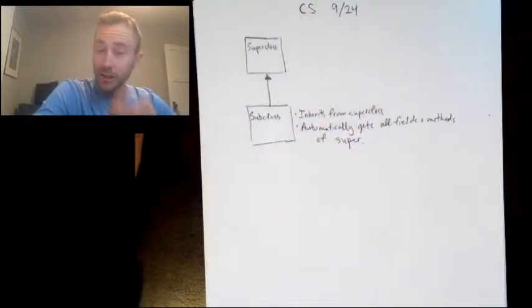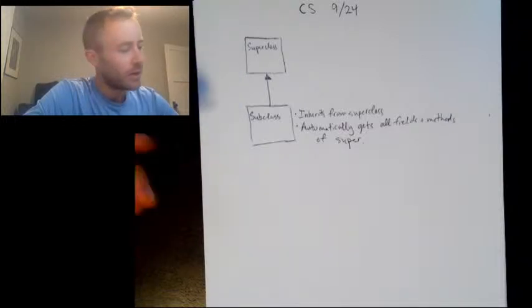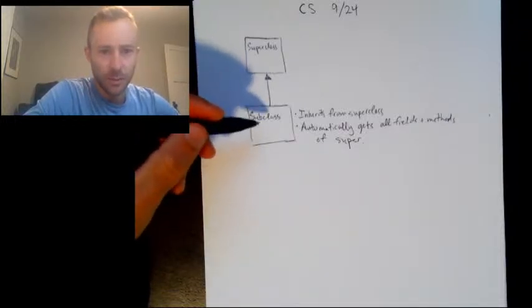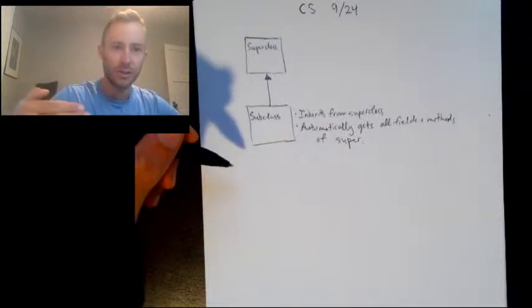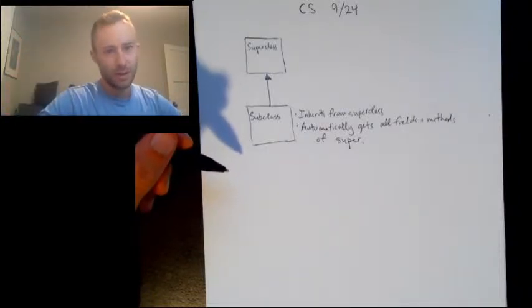So it already gets all the fields and methods that are defined for the superclass, and then all you have to do with your subclass is basically write code for the additional fields and methods.